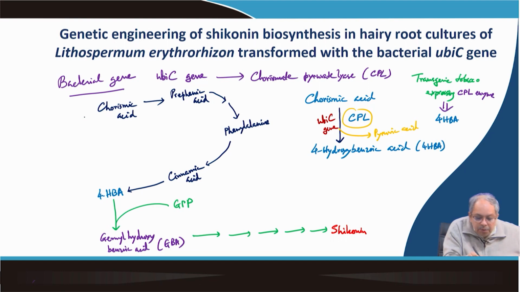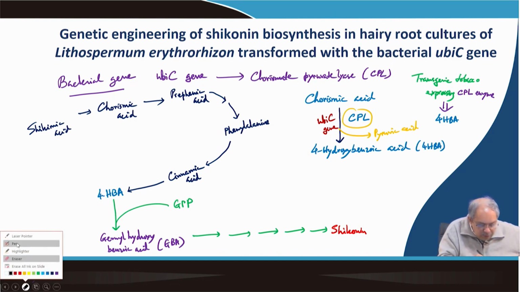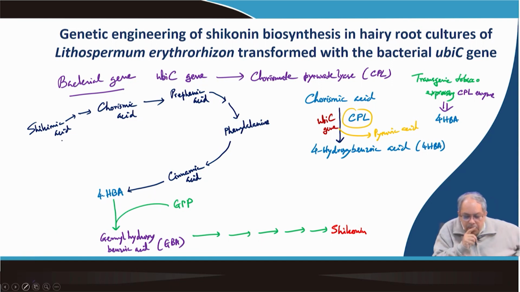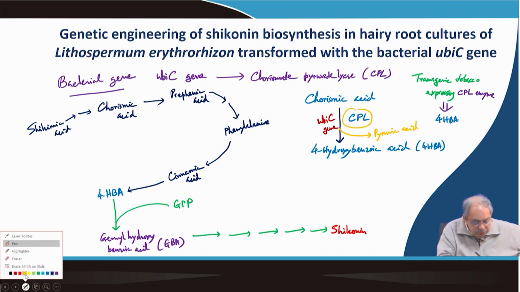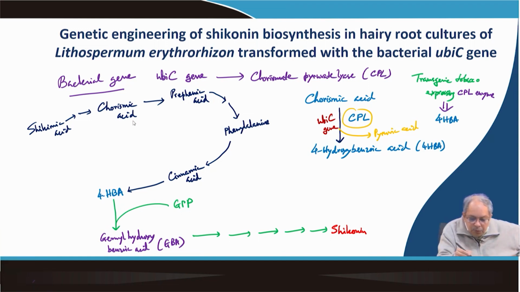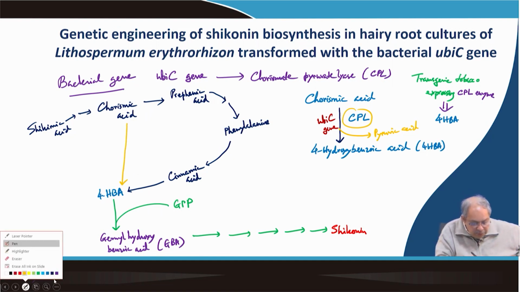And chorismic acid is coming from shikimic acid, right. So, this is the pathway. Now, putting the CPL here will convert chorismic acid to 4-hydroxybenzoic acid in one step.